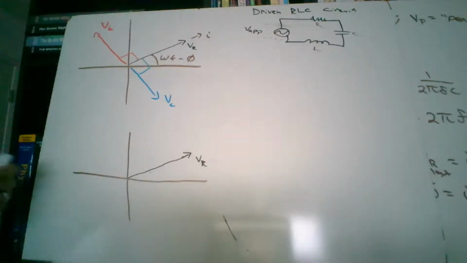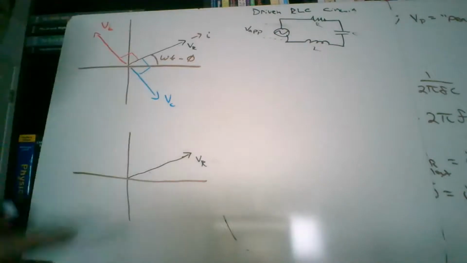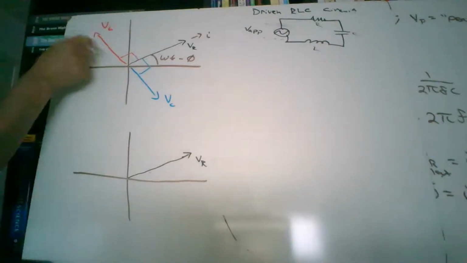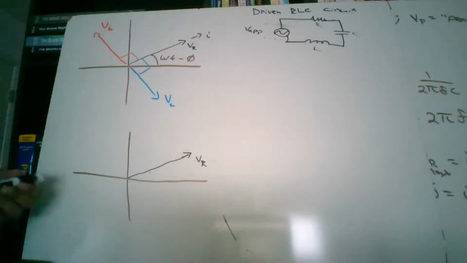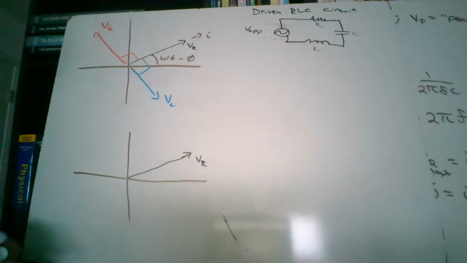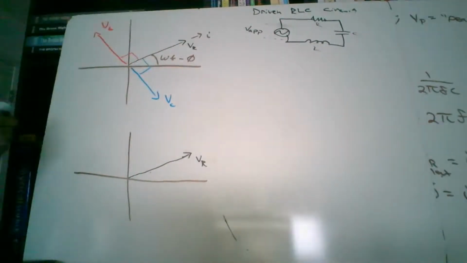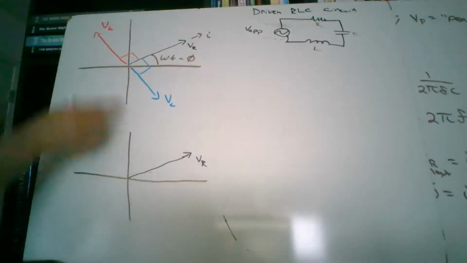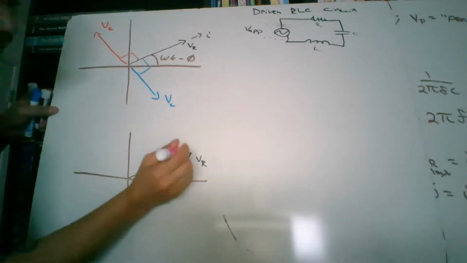Now what you could do is these two are on the same line, so you can sort of cancel them out. We can see that the inductor is a little bit bigger than the capacitor, so the result is going to be a vector that we can use head to tail method. What color? We're going to use pink. Let's use pink. Why not? So using head to tail method, we're going to take the sum of this result right here and put it right here.